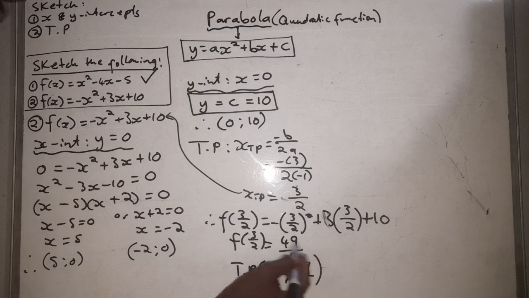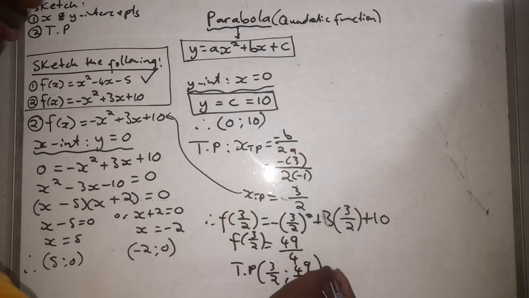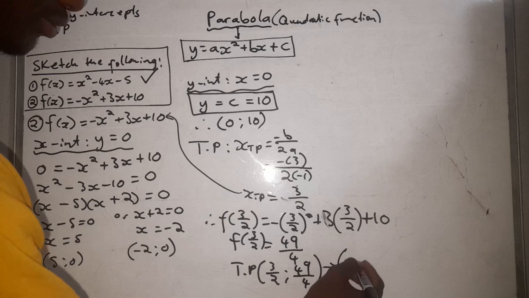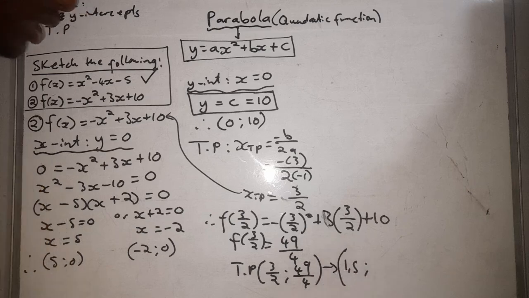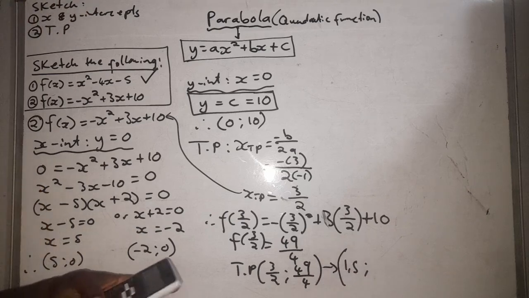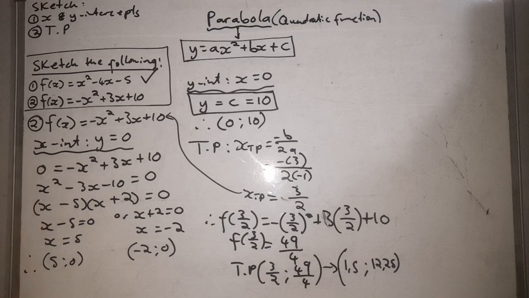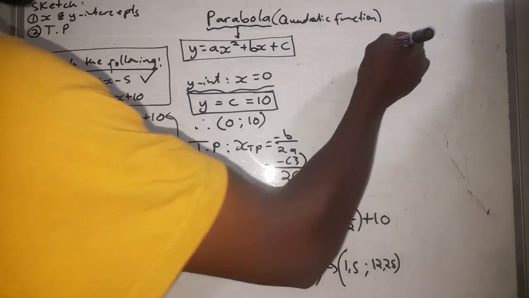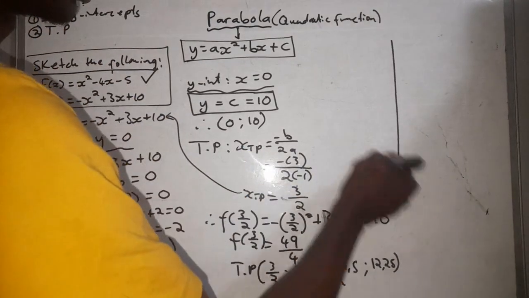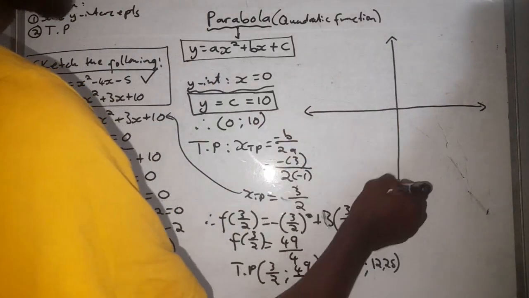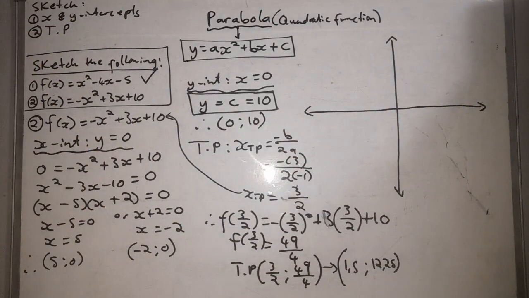This is going to be a little harder when sketching, so we might as well convert it to decimals. It's going to be 1.5 and 12.25 there. Now that we have all the requirements, we can sketch this graph.